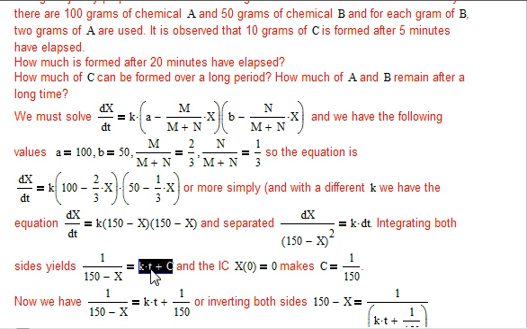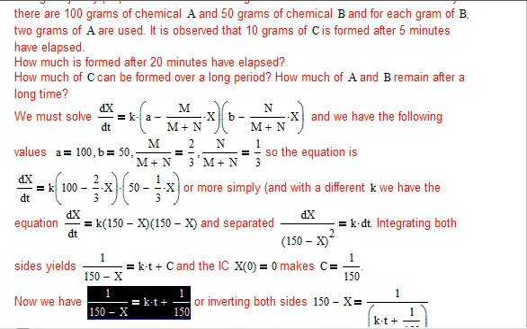If x is 0, we got 1 over 150 minus x equals C. Oh wait a minute, x is 0, so 1 over 150, okay, duh, 1 over 150 equals C, and that's perfect. So here is our equation.